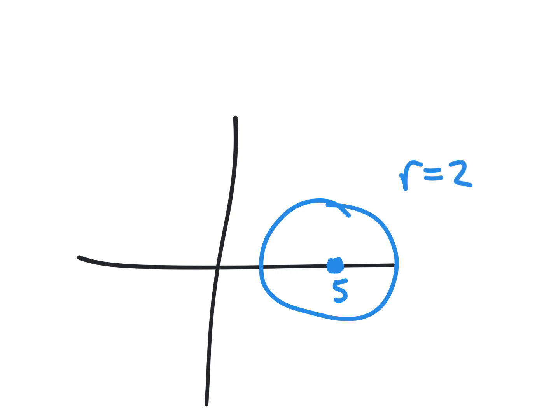I'm going to give you another one since you guys were pretty terrible at that. How about if I had a dot right there and I said that the radius of this is at 5 right here, the center, and the radius is 2. What's the domain of this?